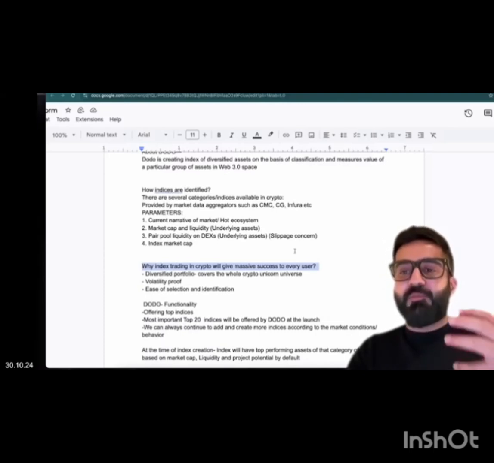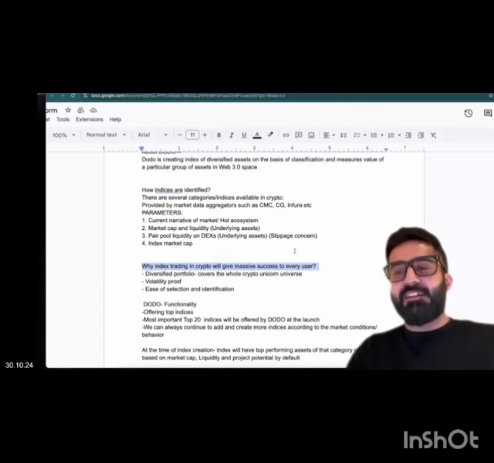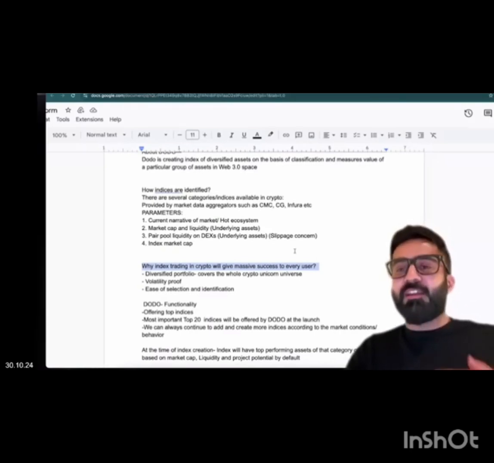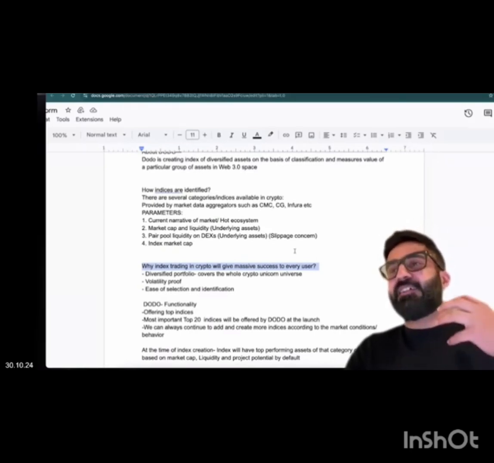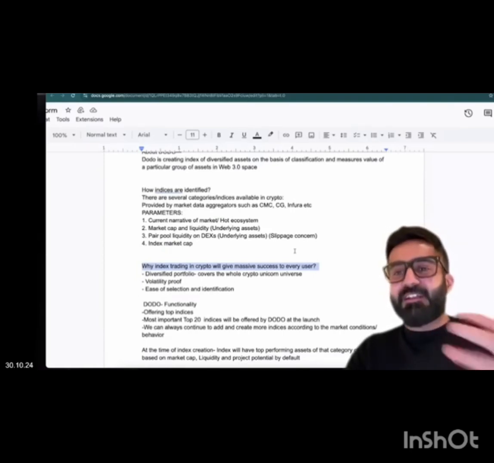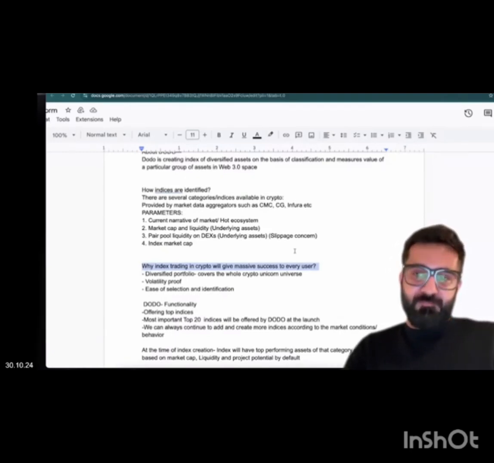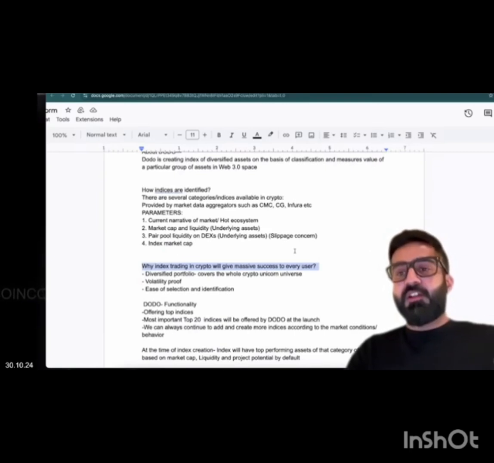You are having a portfolio of complete crypto: fast moving, slow moving, stagnant, futuristic assets. You control everything. You become part of the whole market at a macro level since you have custody of these assets with Dodo. So, diversified portfolio. Then volatility proof. I will explain the volatility proof mechanism under features.